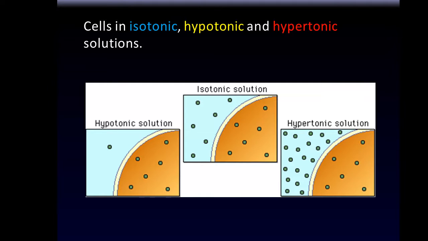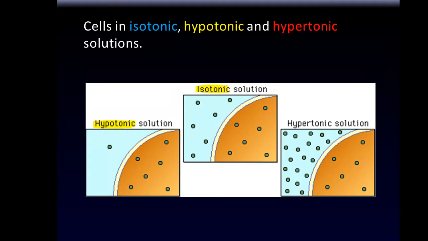One is the cell, or maybe it's an amoeba or bacteria, is bathing in a hypotonic solution, meaning there's very little solute on the outside compared to the cell. Hypotonic means compared to the cell, there is less solute on the outside. Isotonic means it is equal on both sides.